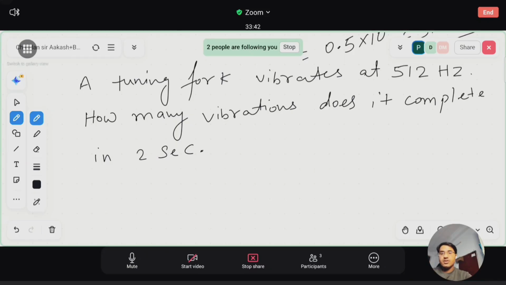You will say, okay, so the time is given here. Yeah, time is given. So the number of wavelengths basically we need to find. You will say, sir, but the frequency itself is the number of wavelengths in 1 second. You remember the formula? The definition which I told? What was the definition of frequency? Deepika, what was the definition?